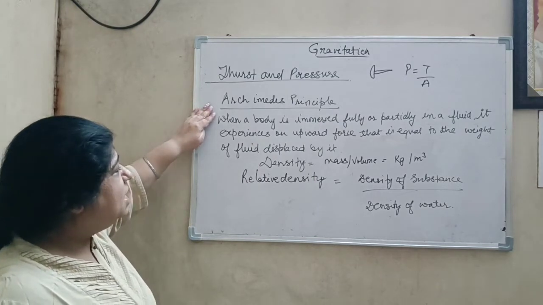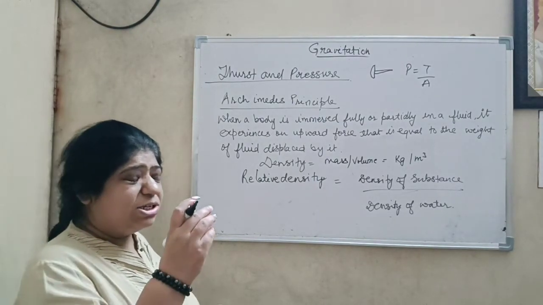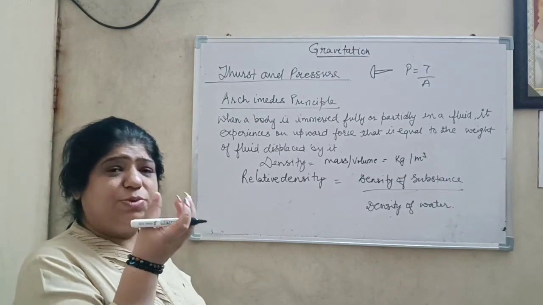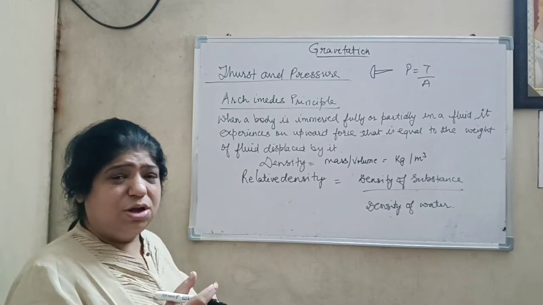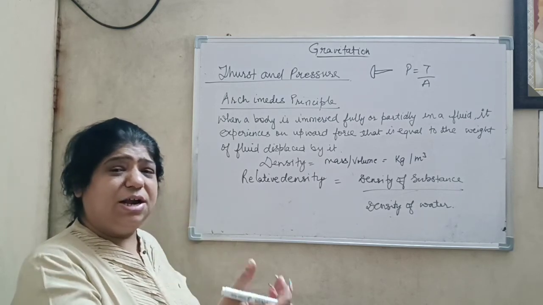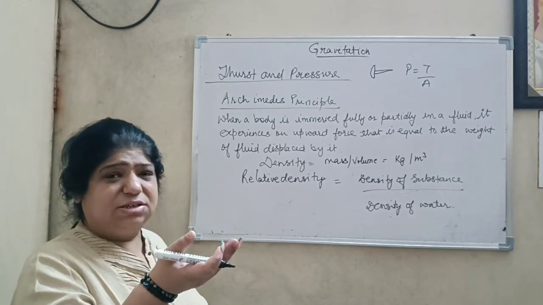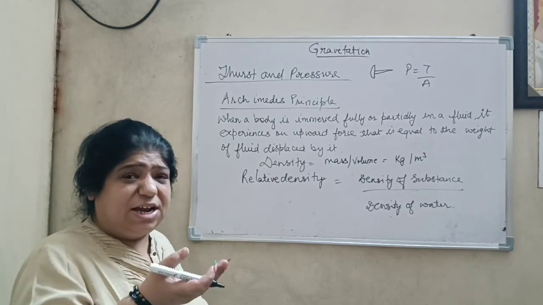Now what is Archimedes principle? For Archimedes principle, you take a spring and attach a stone to it. The spring will come down, it will expand. You take that spring under the water. The expansion of the spring will decrease.